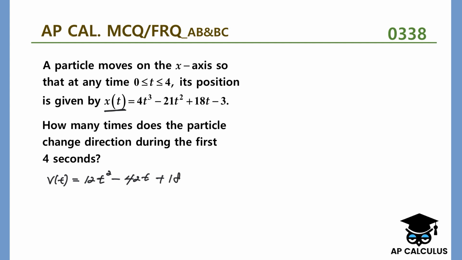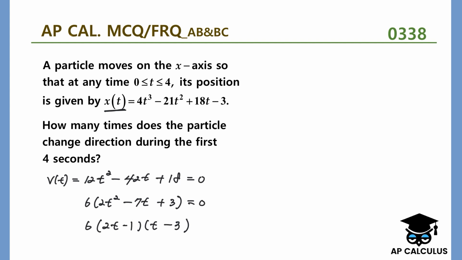And we're going to set this equal to 0 and find the time where the velocity is equal to 0. So let's factor this. We can factor 6 first: 2t squared minus 7t plus 3, right? So that is equal to 6 times (2t, t), we must have a negative 7, so minus 3 here, minus 1 here, right?